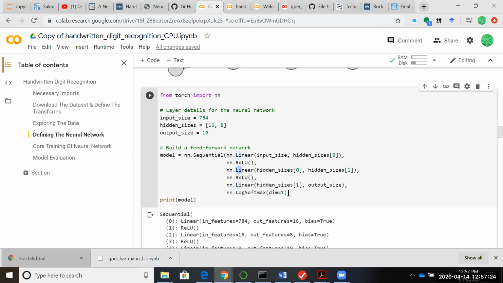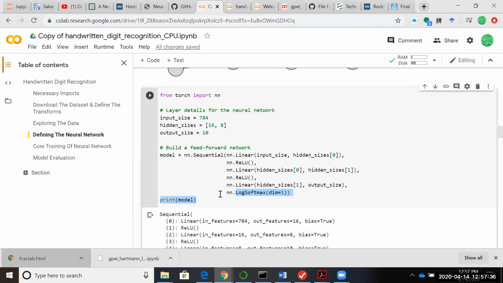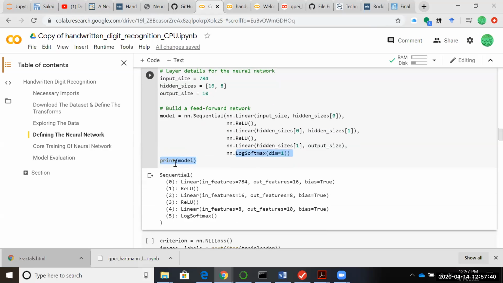And now there is a key statement here: this neural network is using the loss function to calculate the so-called log softmax. This is something I want to talk about a little bit. This statement simply prints out the model.